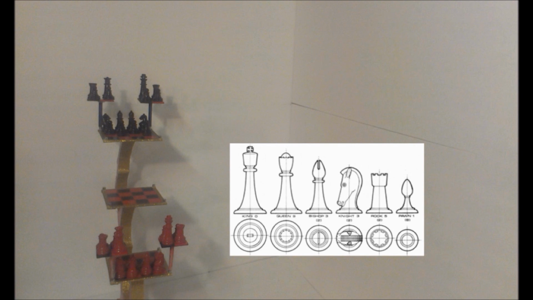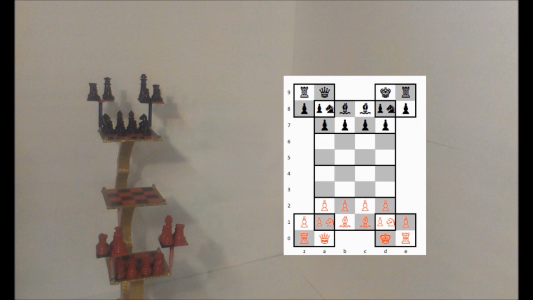The Staunton chess set and any variation shall be the official tridimensional chess set. 2.3. The initial position of the pieces of the chessboard is as follows.